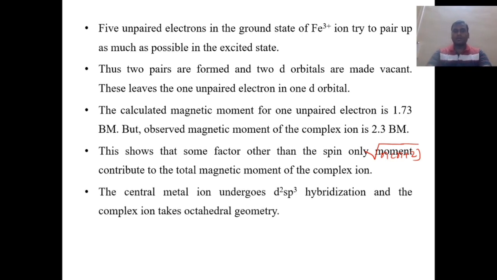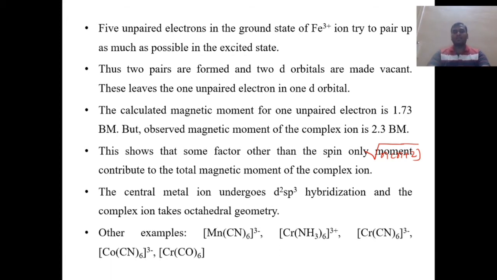In this complex, the central metal ion undergoes d2sp3 hybridization, and the complex ion takes an octahedral geometry. And here are some other examples in which d2sp3 hybridization takes place: manganese with cyanide, chromium with hexamine, chromium with cyanide, cobalt with cyanide, or chromium with carbonate.